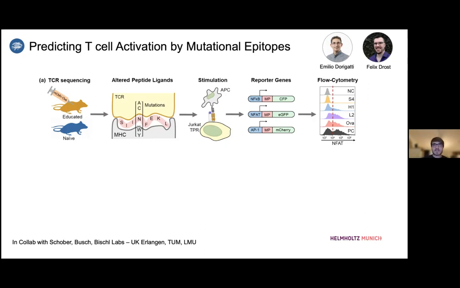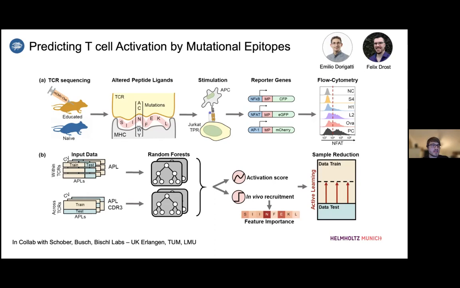Our collaboration partners essentially mutated this peptide at every position with all different amino acids and then measured the activation of T cells, from a T-cell repertoire that was first pre-exposed to the wild type sequence and from a naive repertoire. This data set consists of roughly 6,000 data points from roughly 38 different T-cell receptors, some naive, some educated.